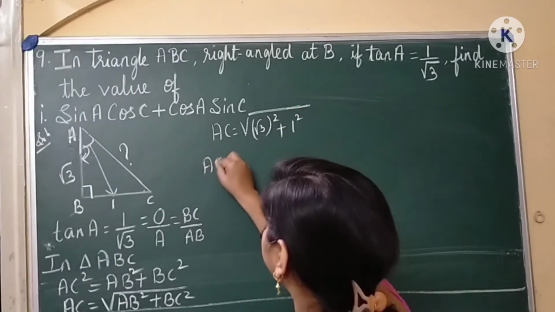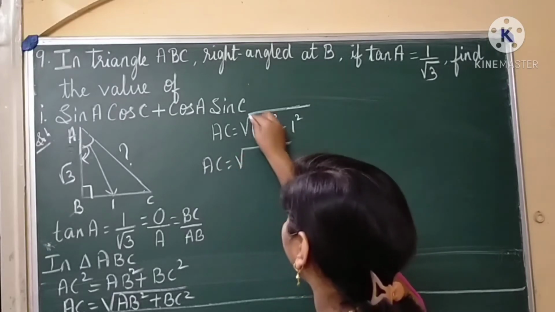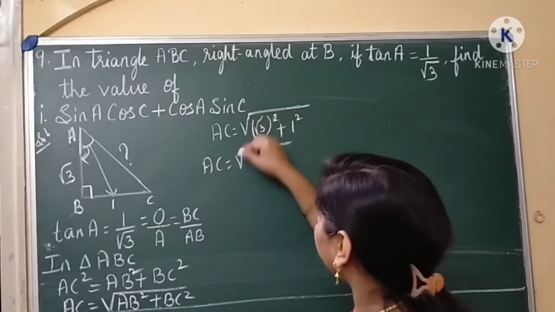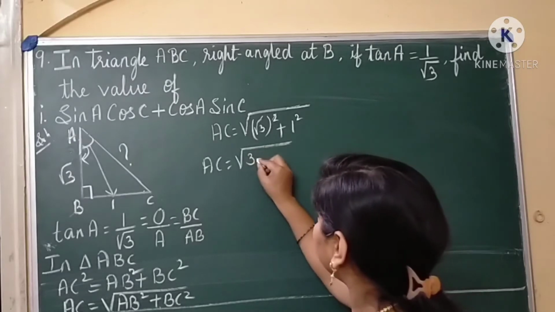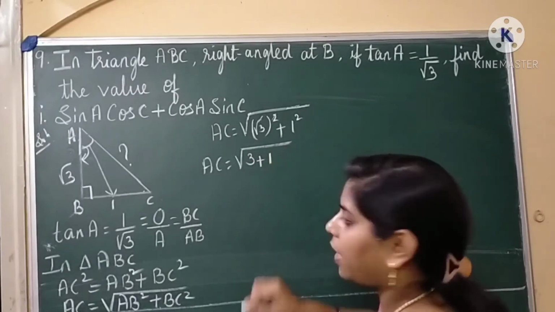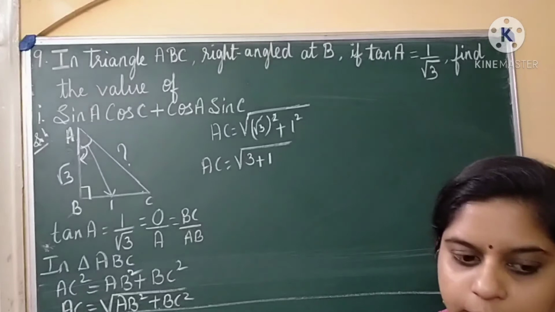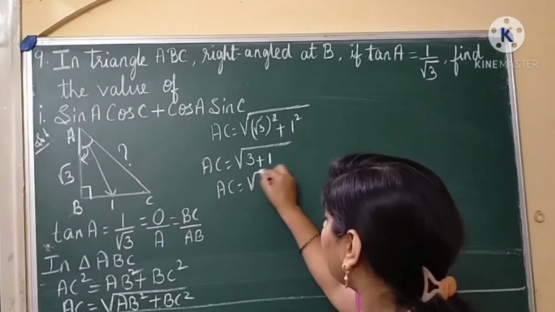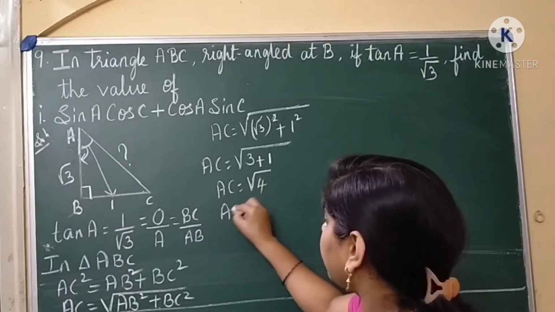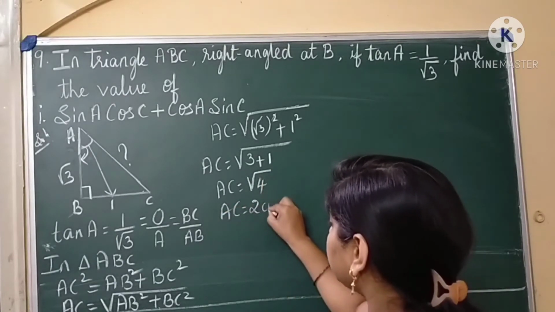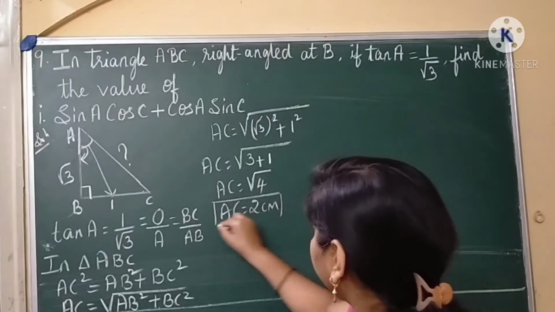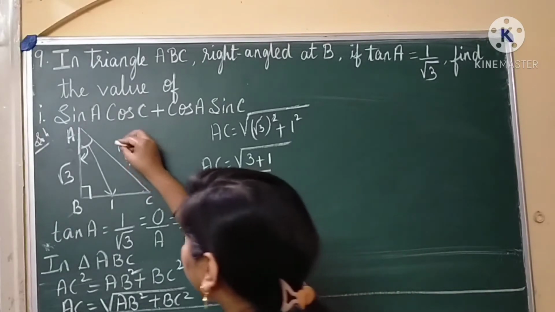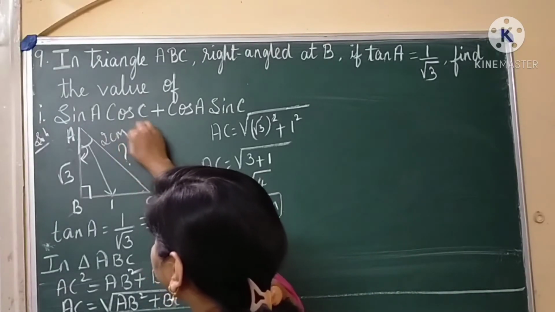So AC is equal to root of, the square root and root get cancelled, we remain with 3 plus 1 into 1 gives you 1. 1 square is nothing but 1. So AC value here is root of 4. That is nothing but AC is equal to 2 centimeter. So the question mark, AC, is 2 centimeter.